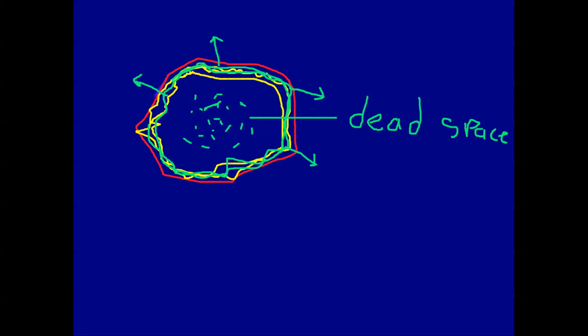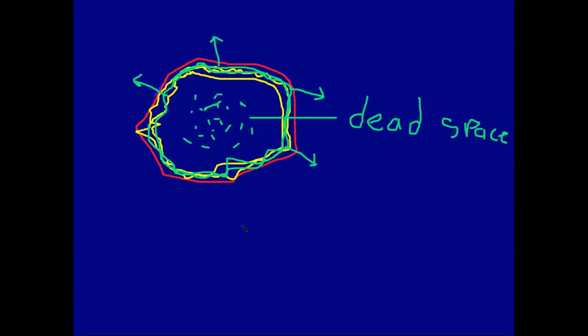Okay. So that's what we mean by anatomical dead space. No matter how much air you breathe in, only the air near the alveoli is of any use to you. The rest of it is in the dead space. So hopefully it makes sense that the smaller the dead space is, the more oxygen you can pull out of the air you breathe in.